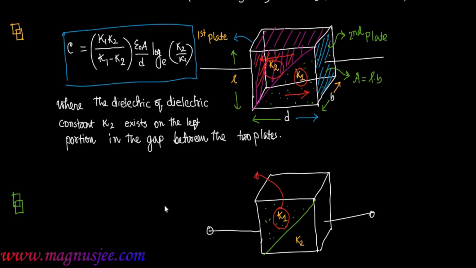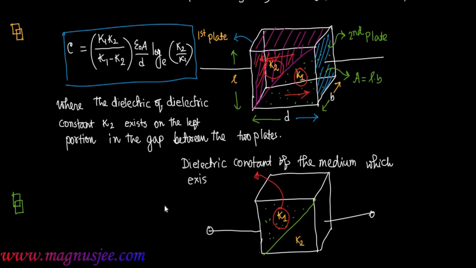K1 is placed in the left portion of the gap between the two plates diagonally. That means this dielectric medium of dielectric constant K1 is in contact with the positive plate. In the last case, K2 was in contact with the positive plate, but here K1 is in contact with the positive plate, or it is placed in the left portion of the gap between the two plates.